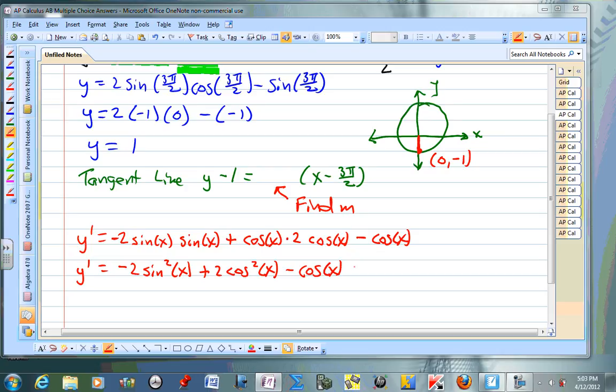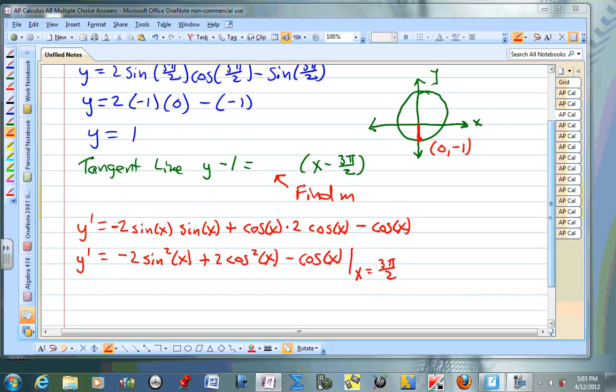Okay, and we need to evaluate this guy when x equals 3 pi over 2. Well, we have the unit circle already drawn, so this is going to go smoothly. Y prime is going to be -2 times the sine of x squared, plus 2 times the cosine of x squared minus the cosine of x.